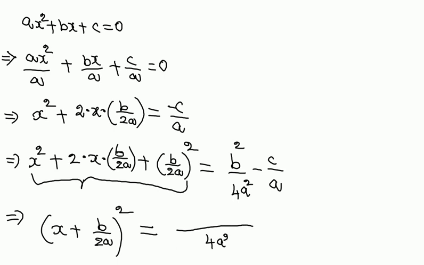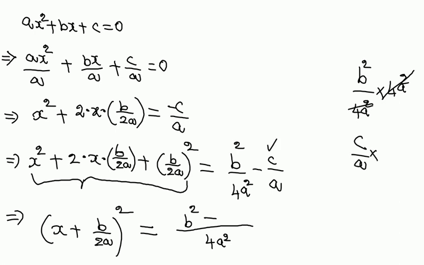So now let us find the first term in the numerator. So take the first fraction, that is b square by 4a square into the LCM value 4a square. So here this 4a square cancels, I got here b square. So the next we are subtracting, so minus symbol we can get. So second term means take the second fraction c by a into the LCM 4a square.